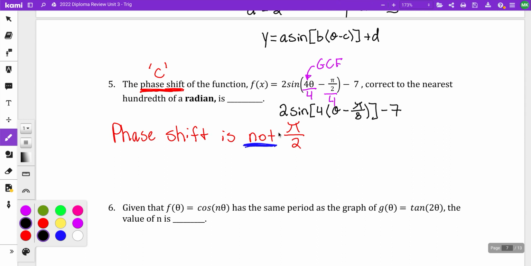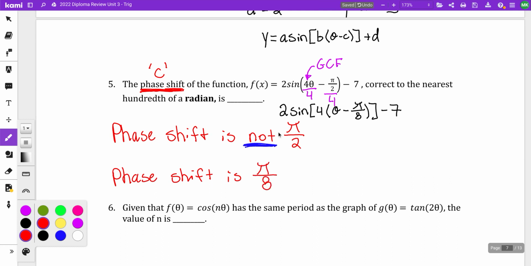I bet half the problem is answered with pi over 2. It's such an easy thing to overlook. You look at it, you're like, yes, c value, got it, and you just answer it really quickly. Make sure you're factoring out b values to find the true c value. The phase shift is pi over 8.